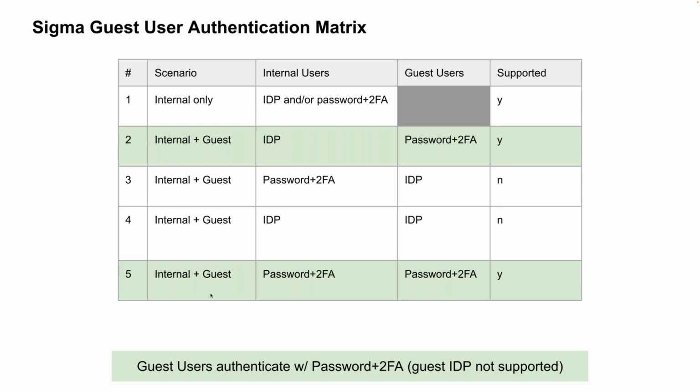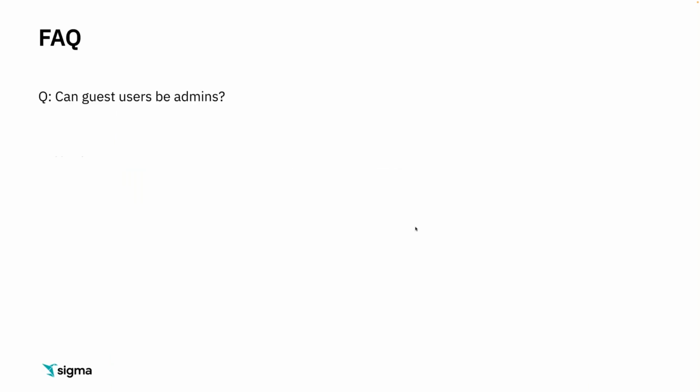The other scenario is if you're not using single sign-on, if you're just using traditional password authentication for your internal users, scenario 5 would apply to you. You would use password for internal and password for guest, using two-factor in both cases. The main takeaway here is that we do not support using single sign-on for guest users. That's what options 3 and 4 are. Those are unsupported configs.